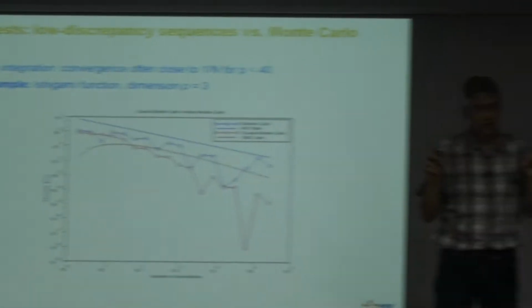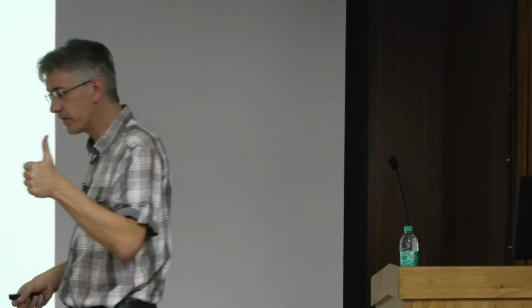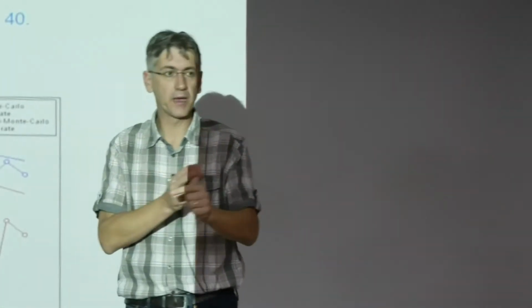But the problem is that with quasi-Monte Carlo, you cannot estimate the error. With Monte Carlo, you can estimate the error with two methods. First, by using the central limit theorem that I explained Tuesday. Second, by using bootstrap. Okay?